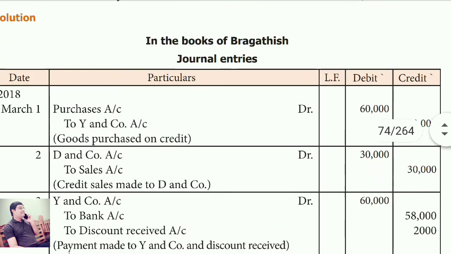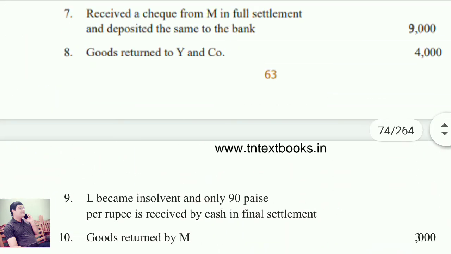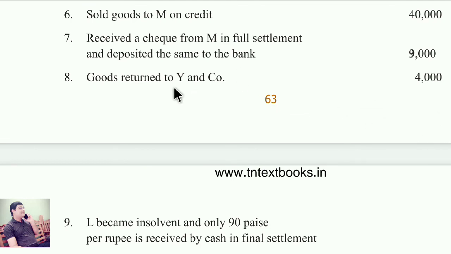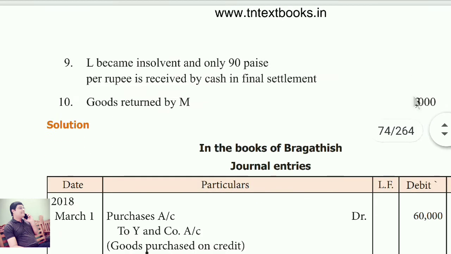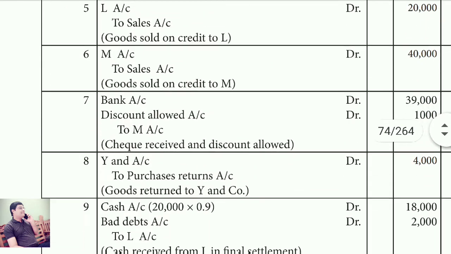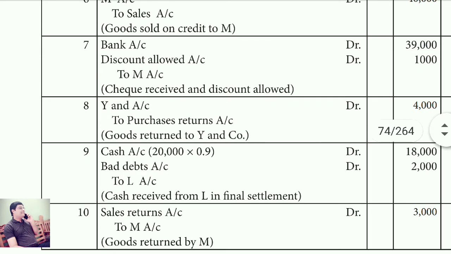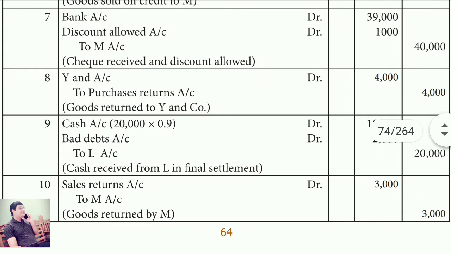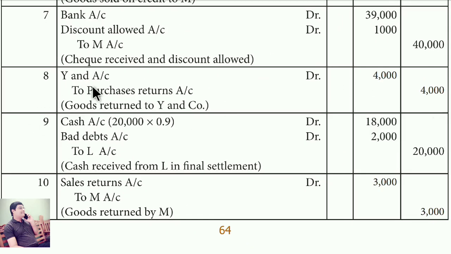Next one, see the date 8. Goods returned to Y and Company rupees 4,000. So see the date 8. Y and Company account debit, to purchase return account 4,000 rupees, because it is purchase return.